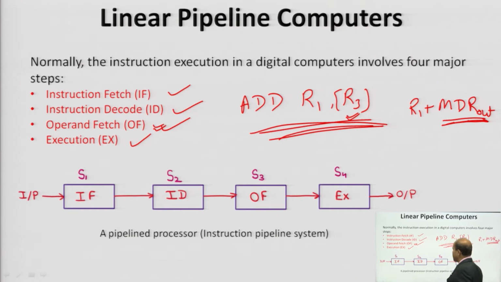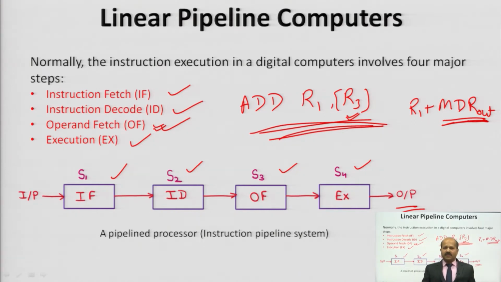The first segment performs instruction fetch, denoted by IF, the second segment performs instruction decoding, the third segment performs operand fetch, and the fourth segment performs the execution. After execution, this pipeline system will produce some output, that is the addition of R1 plus R3. So, this way the whole system is divided into different segments.